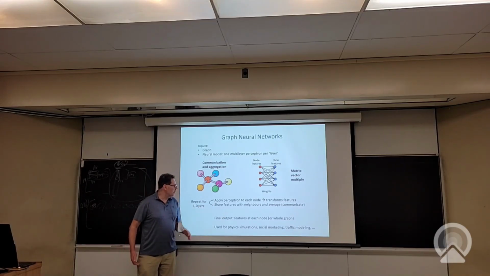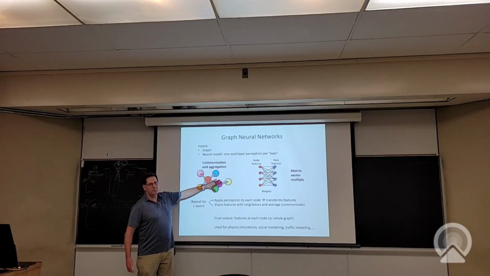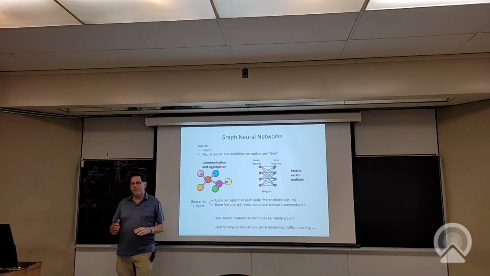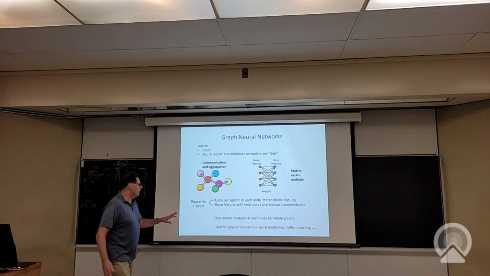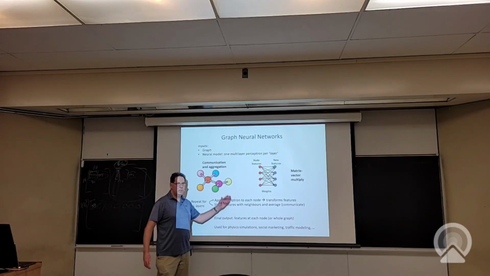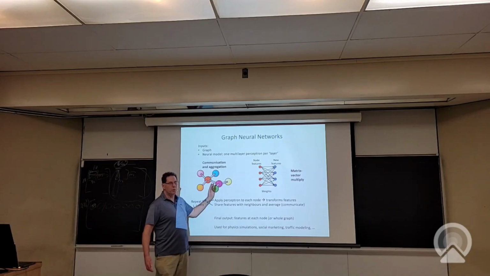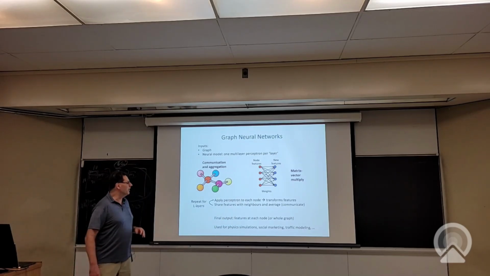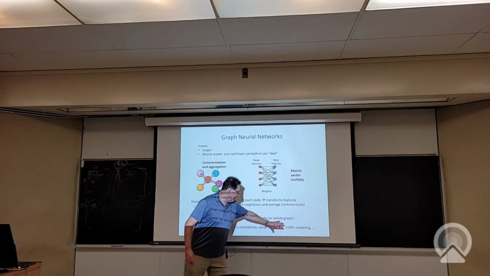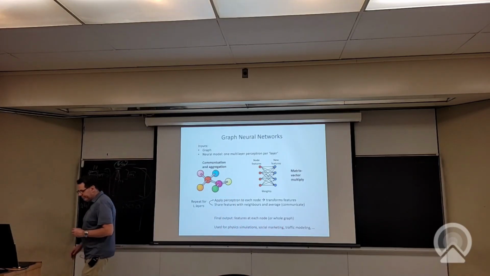My final output might be features that represent things about each node, or I might have one more perceptron that takes all the features I've computed in the whole graph and computes something. They use this for all sorts of things, like physics simulation, figuring out what proteins or molecules might do, social marketing, figuring out who's going to be the best influencer, and modeling traffic. So that turns out to be useful for all sorts of things.